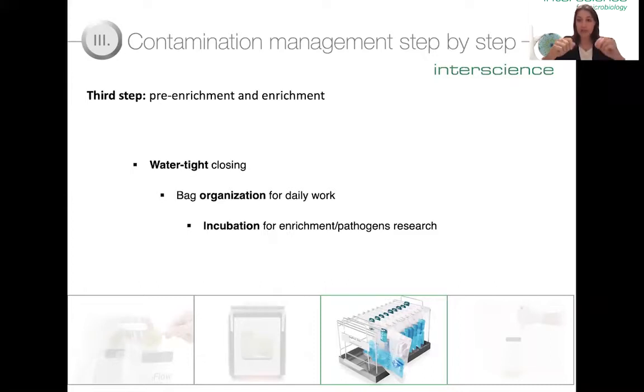You roll it one, two, three times on itself, you close it, and you can slide this directly onto the bag rack. At the end, you just slide it out and put it in the trash, and you don't need to open the bag. Again, you avoid spills both in your incubator as well as in your waste disposal.